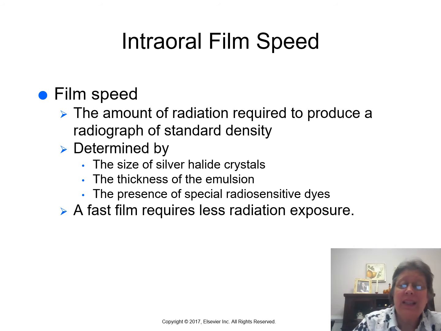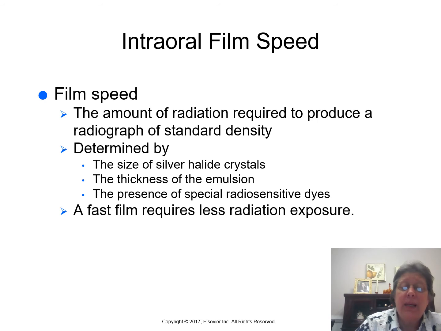The other thing is the thickness of the emulsion. How many silver bromide crystals are on that emulsion? And also on the film itself, there are special radiosensitive dyes that help to energize that film with the least amount of radiation possible.